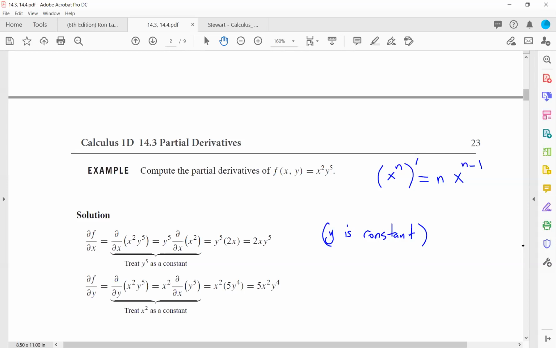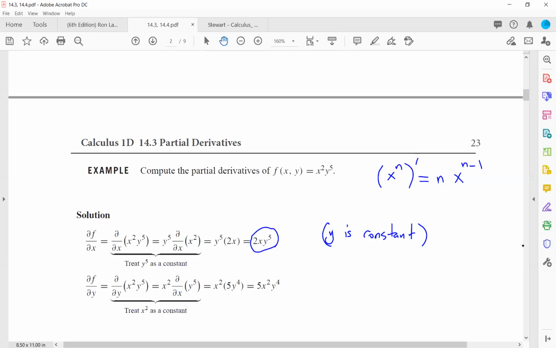Since y is fixed, you can just copy down y to the fifth in front of the operator and then take the derivative of x squared: y to the fifth times 2x, or 2x y to the fifth.